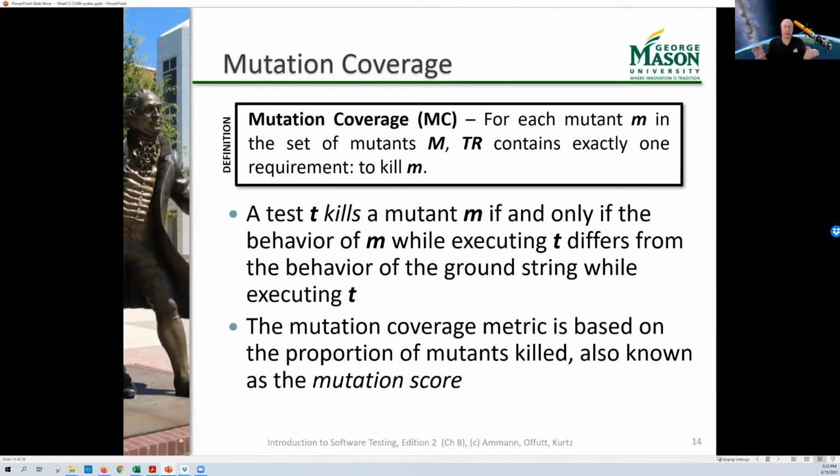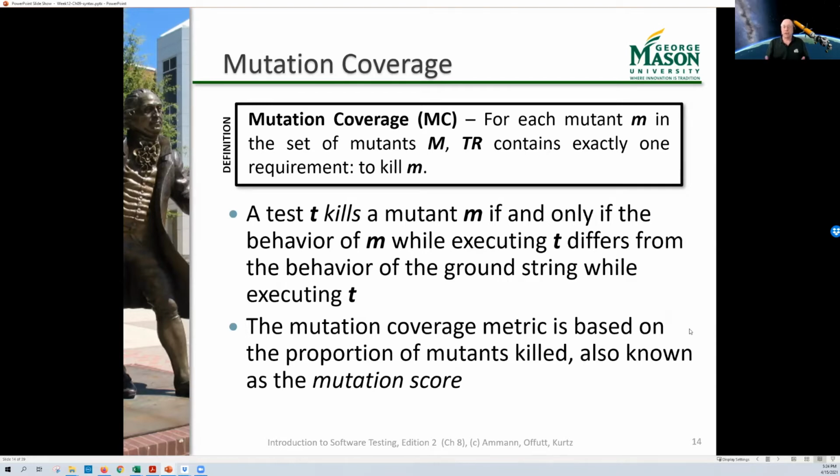So in the aggregate, the test set must kill every mutant. Or rather, the test set must kill every mutant that's not equivalent, because the equivalent ones can't be killed. So a test kills a mutant if and only if the behavior of the mutant while executing the test is different from the behavior of the ground string or the original program while executing the test.